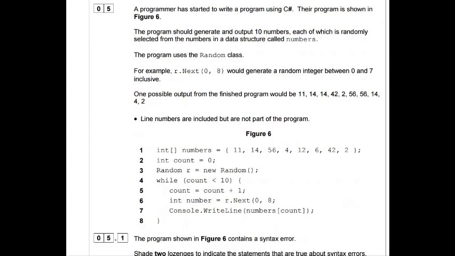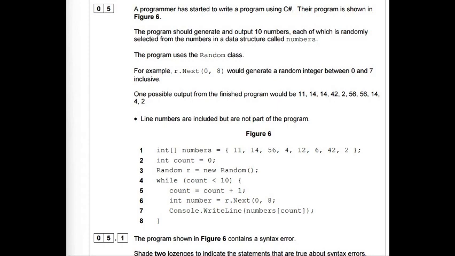So, question 5. A programmer has started to write a program using C#. The program is shown in figure 6, which needs to generate and output 10 numbers, each of which is randomly selected in the data structure called numbers.